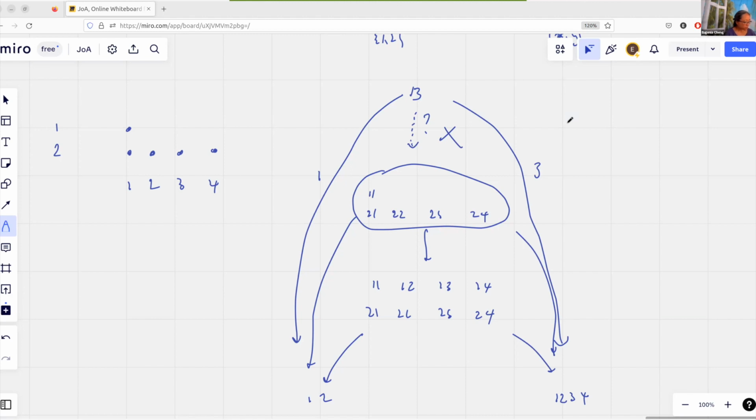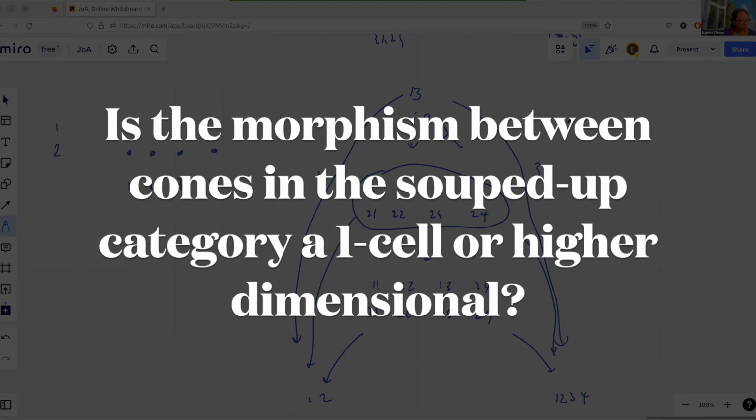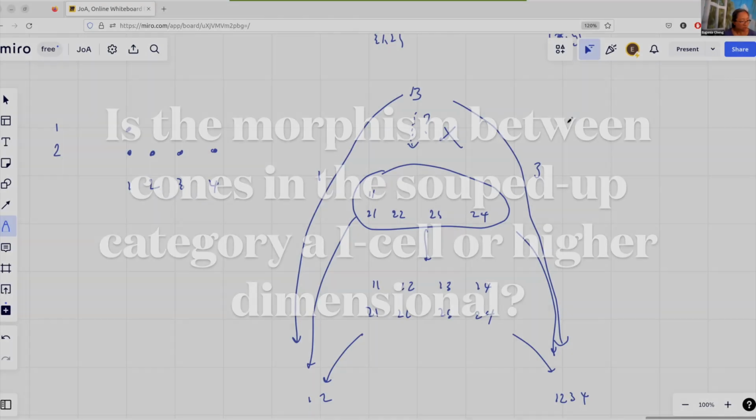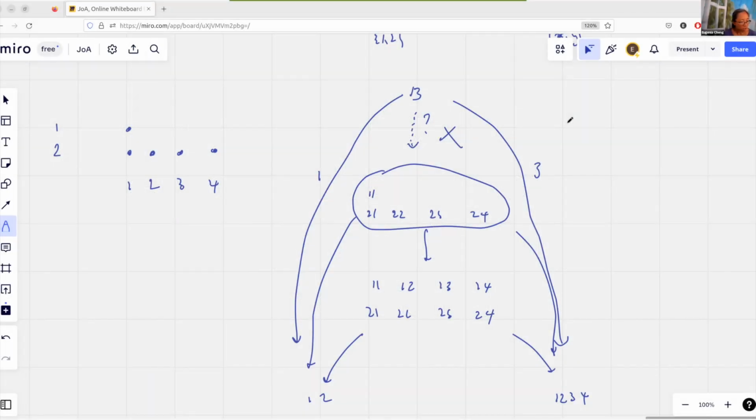Next question. Okay, a couple of questions about the souped up category. Is the morphism between cones in the souped up category a 1-cell or higher dimensional because it's mapping other morphisms from inside the cone? So here's the thing. It doesn't matter. What a morphism is inherently doesn't matter.